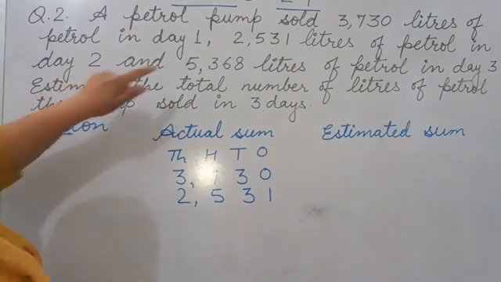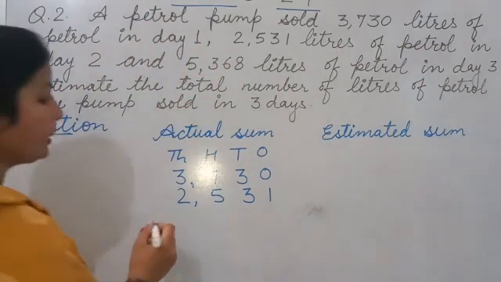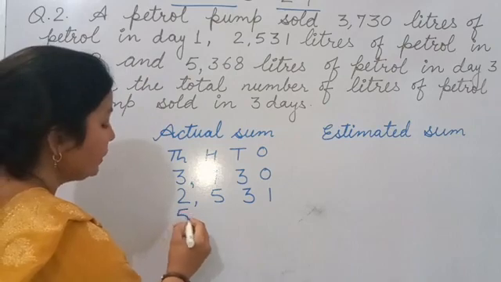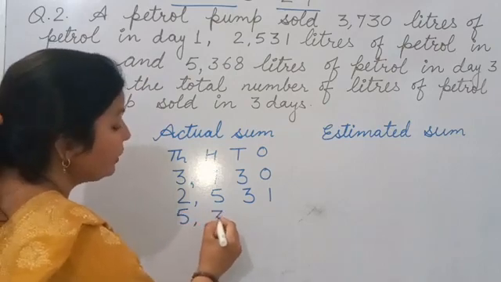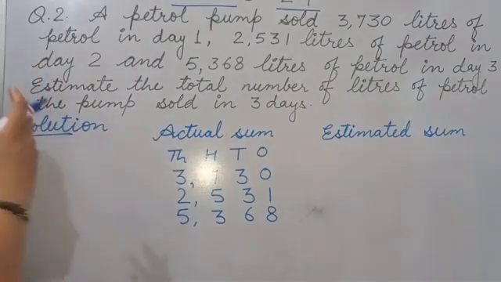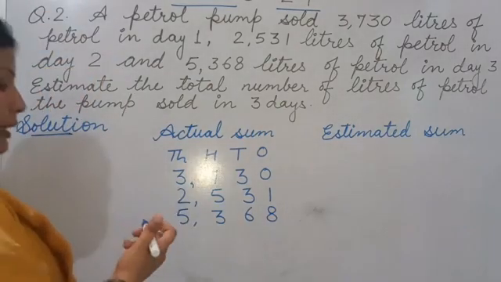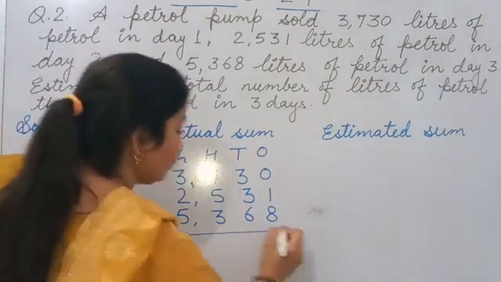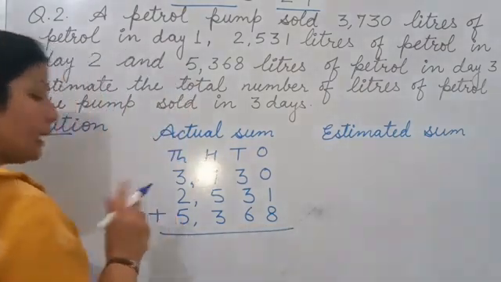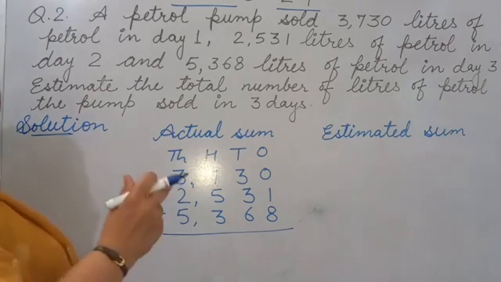Next is 5,368, that is day 3. Now here we have written the actual numbers, the petrol liters given here. If we add them, this will be the actual total, the actual liters that he sold.